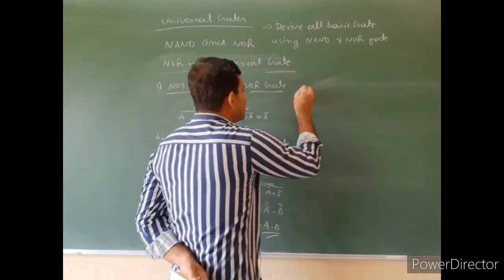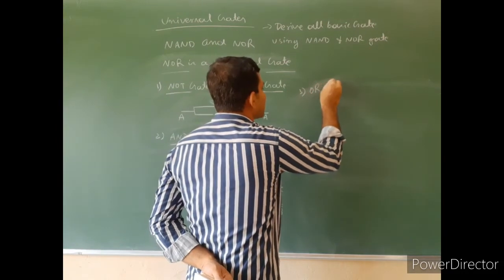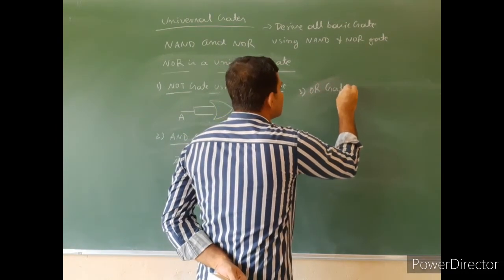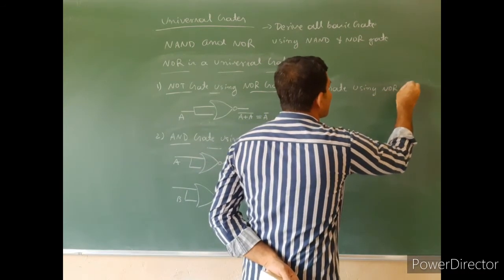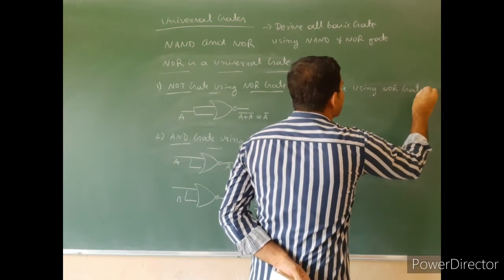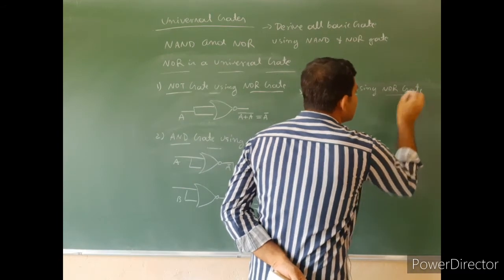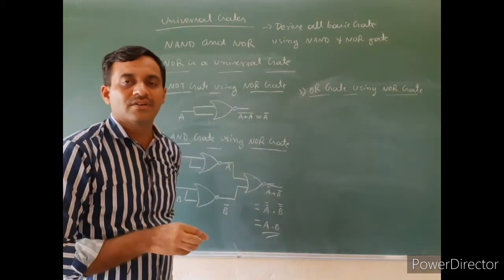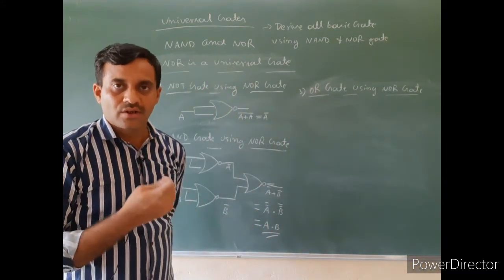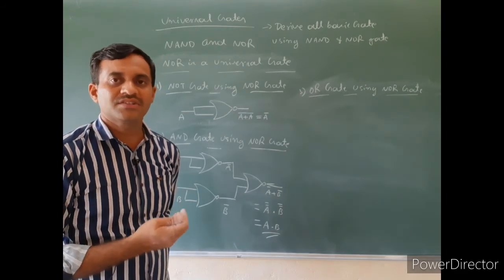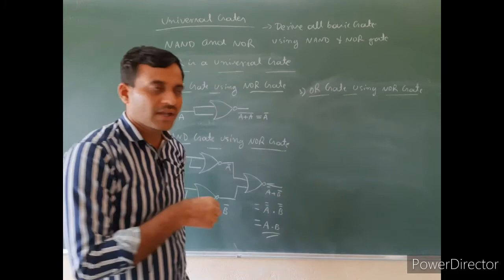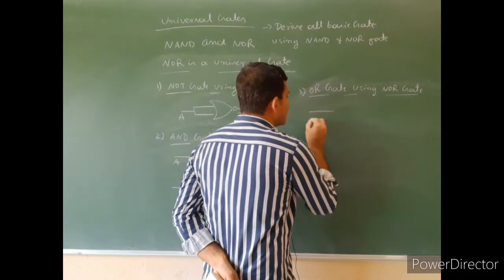Then the third case is the OR gate using NOR. NOR is the complement of OR, hence double complement the NOR gate. So first construct a NOR gate.